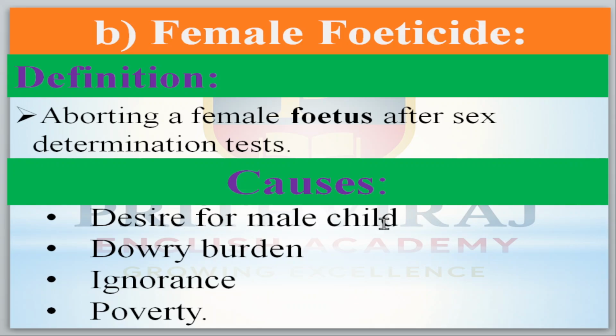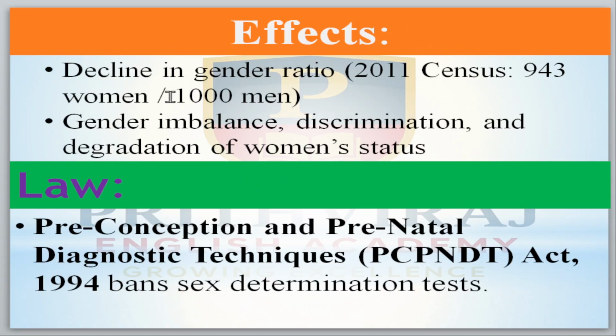Causes are the desire for a male child, dowry burden, ignorance and poverty. These are the main reasons. Effects are a decline in the gender ratio. According to the 2011 census, 943 women for 1000 men. Gender imbalance, discrimination and degradation of women's status.